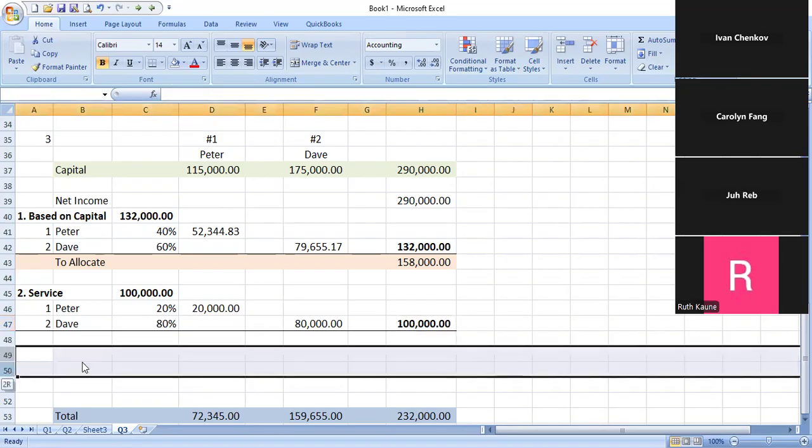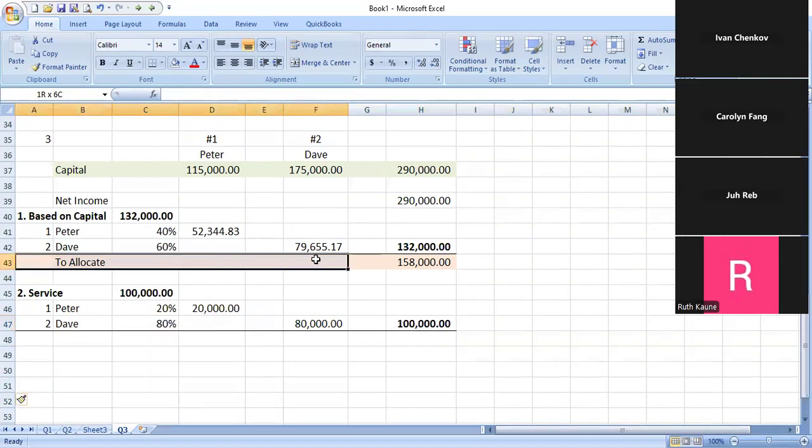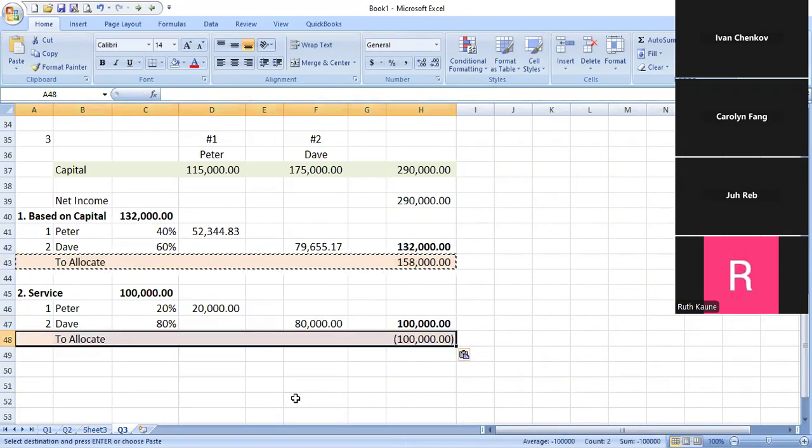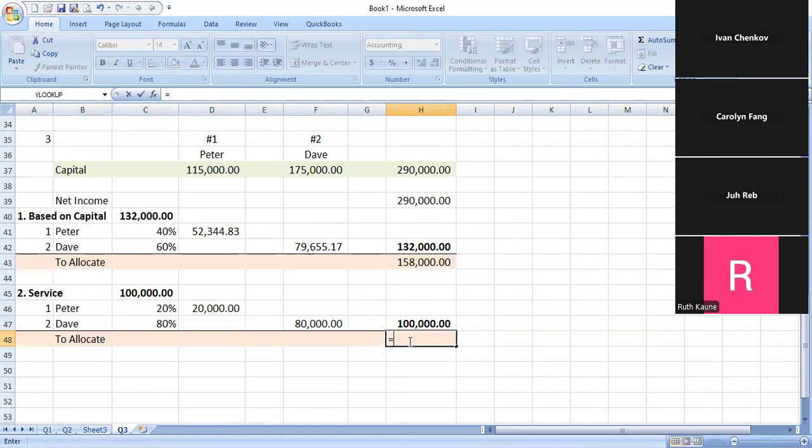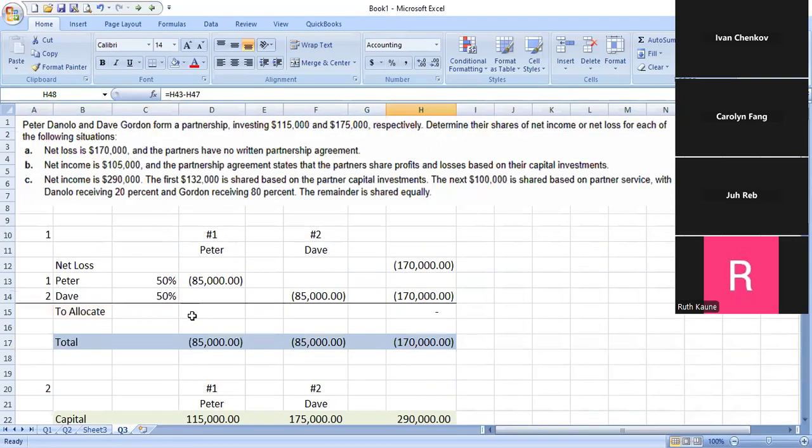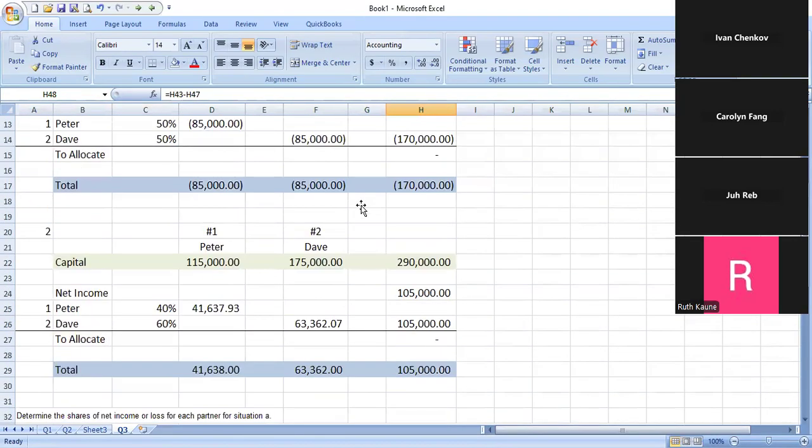Is there anything left to allocate? Let's see. That will be equal to 150 left minus 100,000. We still have 58 left. Now the next, third calculation will be share equally.